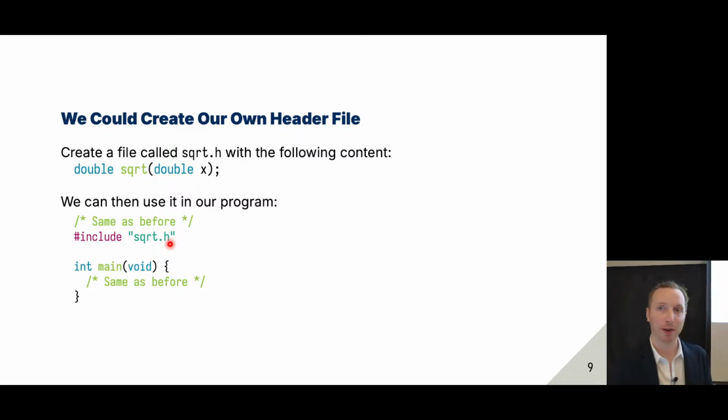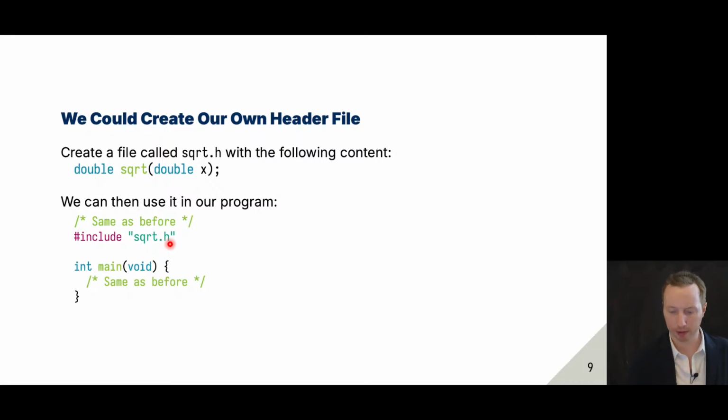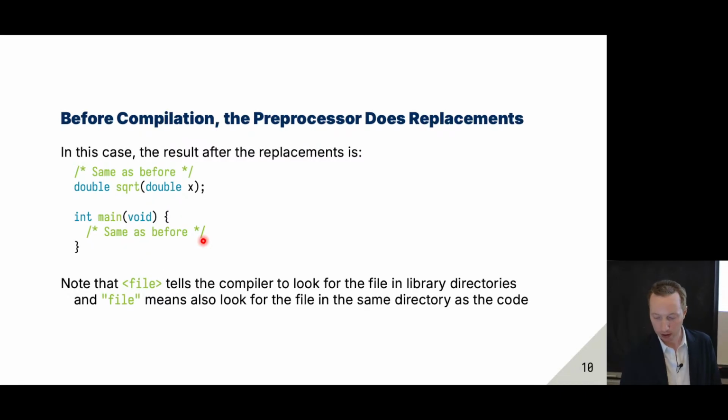If you have angled brackets, the compiler will search for that file in the standard library places. If you just have a double quote there, it will search for it in all the standard places and also in the current directory. So you could create this and it can actually go ahead and use it if you want.